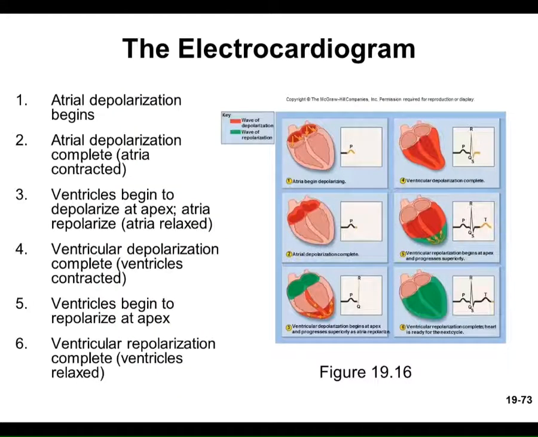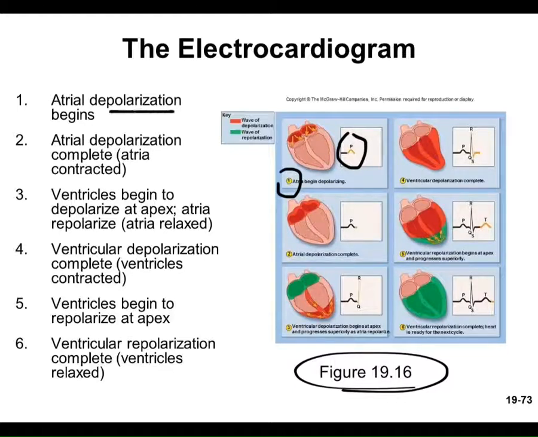So we'll break this down a little bit. This figure does come from your book if you want to look at it more carefully, 19.16. But if you look at it, again, this just shows you the waves compared to what's happening in the heart and walks you through it. So again, the P wave, what we see here in number 1, the P wave is because the atria are undergoing depolarization. They will continue to contract all the way until the QRS begins.